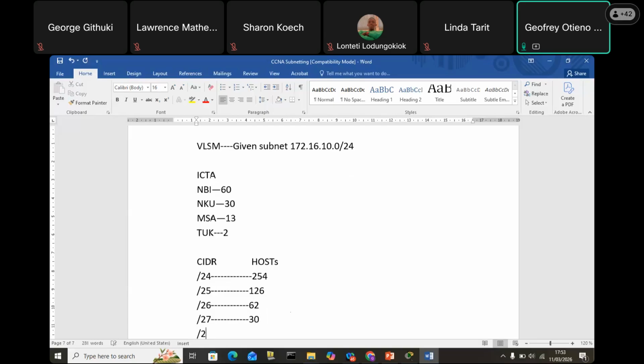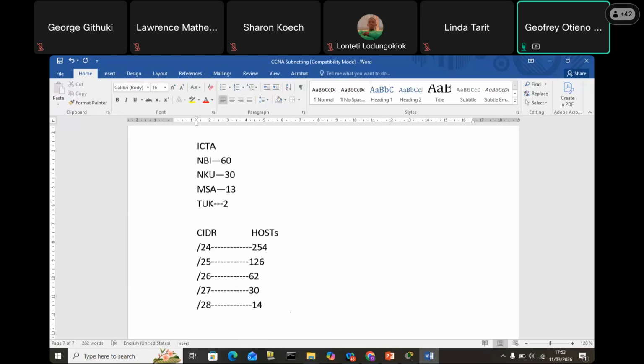Then prefix 28. How many hosts? Yeah, 14, correct, because there are 4 bits: 2 raised to 4 minus 2. 2 raised to 4 is 16, 16 minus 2 is 14. So you're getting 14 there. Then 29: 6, correct.